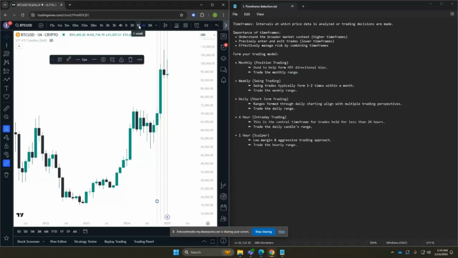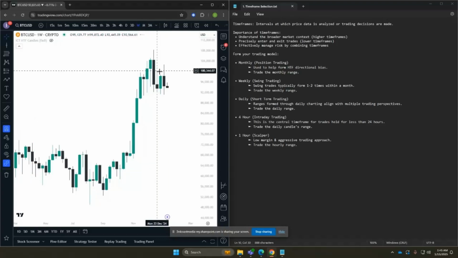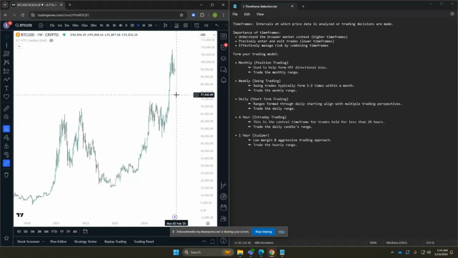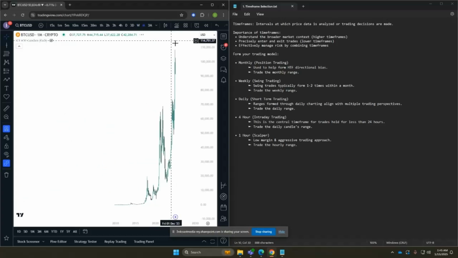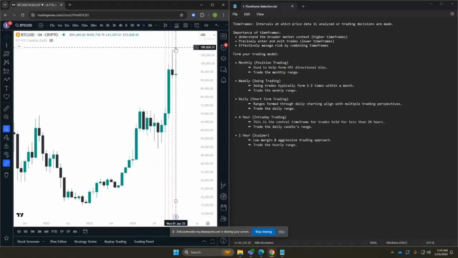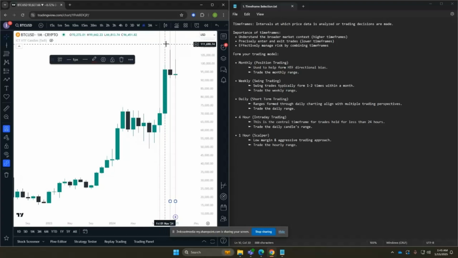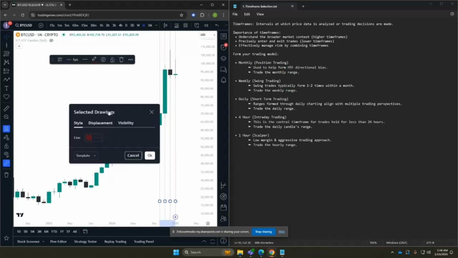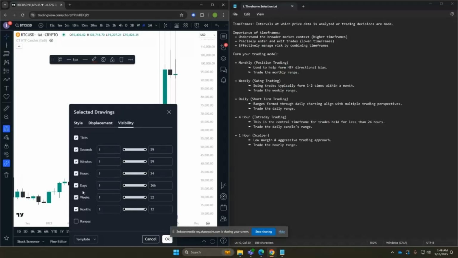Let's go back down to the weekly chart. Oh, the lines aren't there. Okay, so sometimes there's a setting on TradingView that hides the things on certain charts. So we have them all on every chart now.